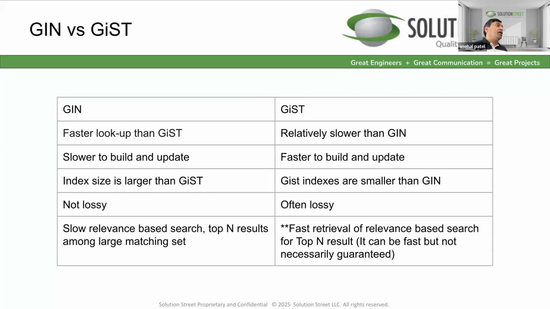Two different words might have the same hash, so there could be a collision, and that's why it is considered lossy. Lossy in the sense that we will not lose the search term, it is just that an additional check will be needed while using a GiST index. And in some cases, a GiST index can return the top N results very quickly.